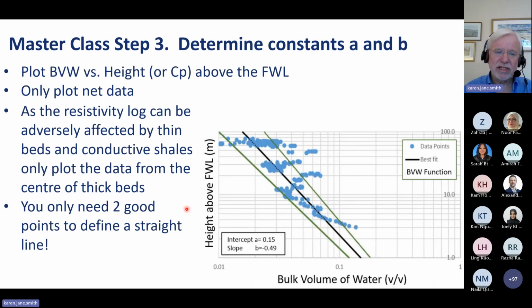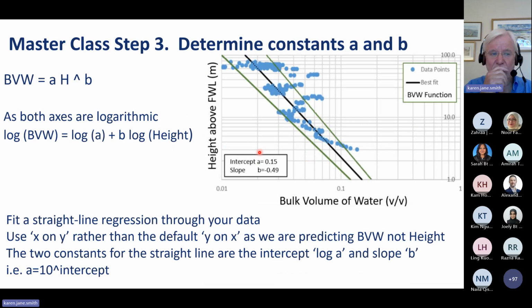Now, as the resistivity log can be adversely affected by thin beds and conductive shales, you should only plot the data from the center of thick beds, and I'll show you a plot of this later. So you really only need two good points, say the middle of this bed here and this one, to define the curves.